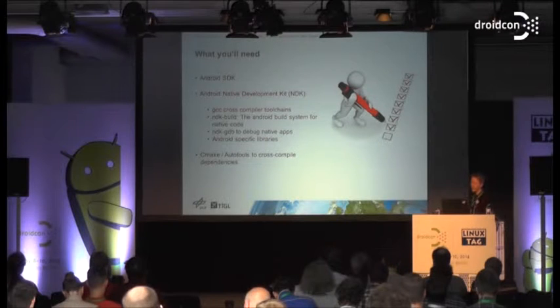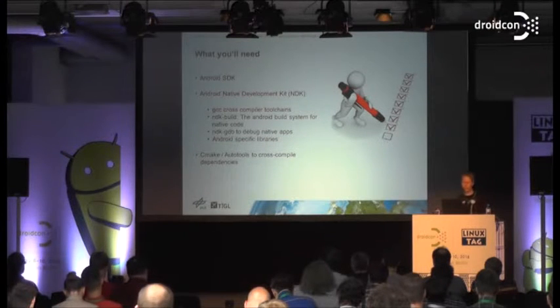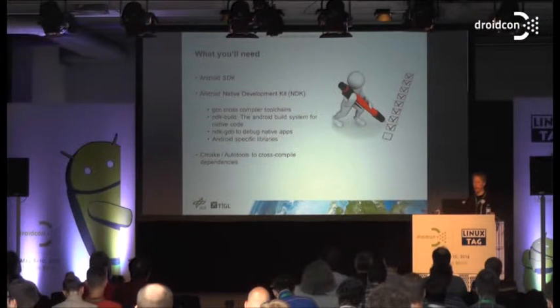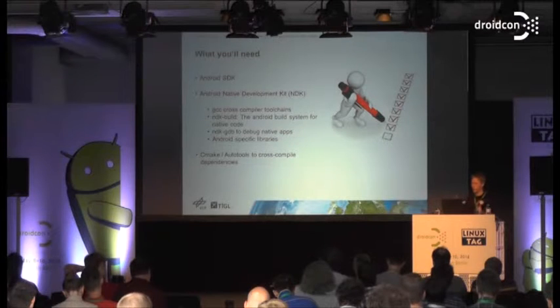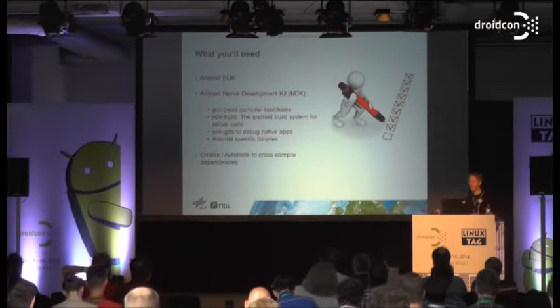It has a build tool called ndk-build, which is just based on makefiles actually, and it has a debugger based on GDB, and of course also Android-specific libraries to talk to the Android backend, for example, to do some logging or whatever, to read sensors. And when you want to port third-party libraries, you also need CMake or whatever tools these third-party libraries need.